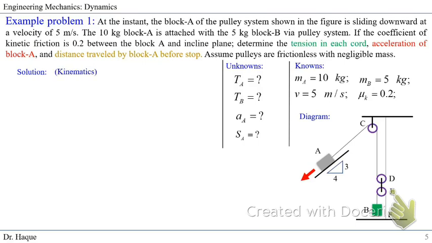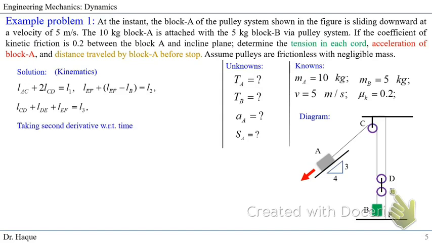Now to find the next equation, we have to deal with kinematics, where we deal with the length of the rope. Remember, we studied our theory. We have to deal with the total length of the rope of the pulley. So these are the equations L1, L2, and L3.